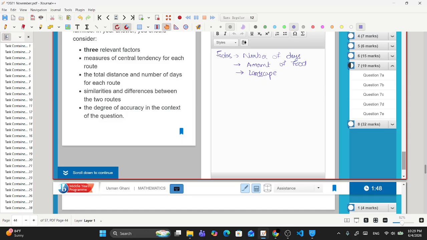We know that from 4 to 8 miles it takes 7 days, and the modal class is 8 to 12, and we know that the median was 7.